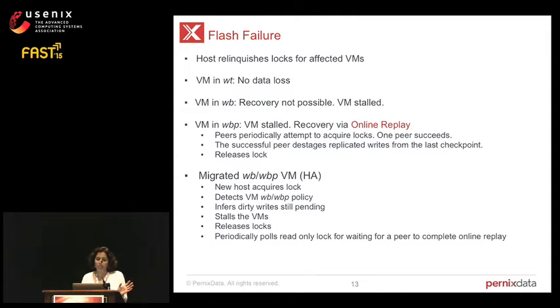So it relinquishes the lock, and then it stalls the VM, and it periodically polls the read-only copy to wait for when the dirty data has been flushed or synced to SAN. So this is how flash failure would get handled.